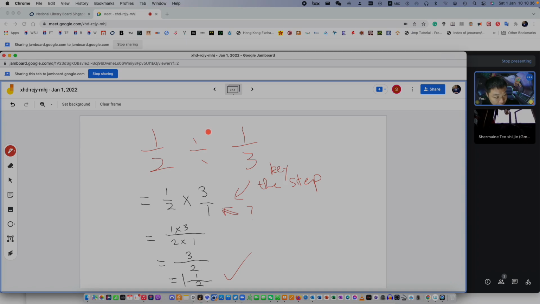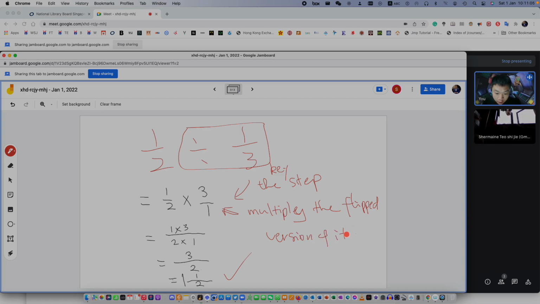When you divide by a fraction, you multiply the flip version of it. Are you clear? Yeah.